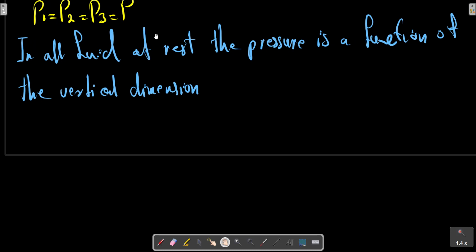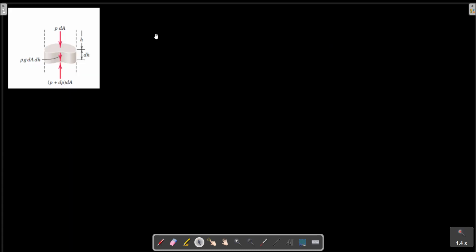Let me write again. As we said, in all fluids at rest, pressure is a function of the vertical dimension only. Consider this picture. The positive direction of vertical measurement h is taken downward. The pressure on the upper face is P, and that on the lower face is P plus the change in P, or P plus dP.